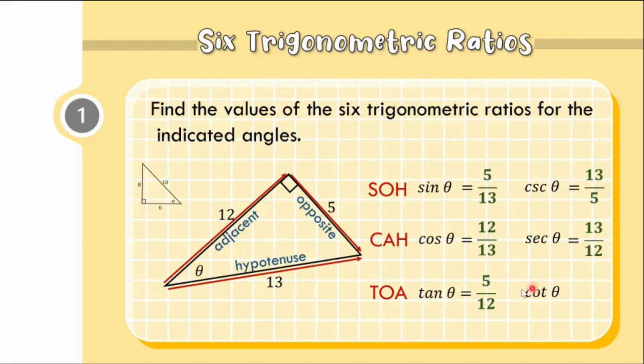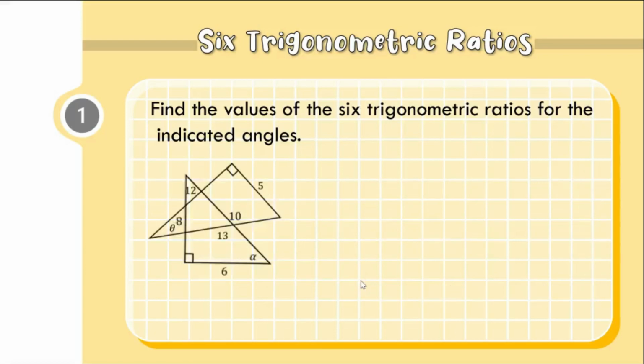Cotangent theta is equal to the reciprocal of tangent theta. Therefore, if we have here 5 over 12, cotangent theta is equal to 12 over 5. And these are the 6 trigonometric ratios with respect to angle theta here. So let us have the second one.